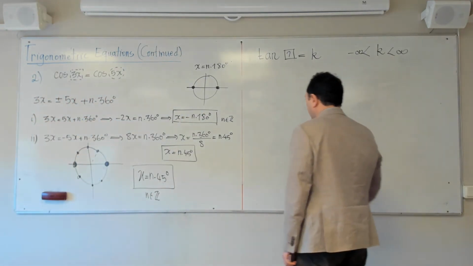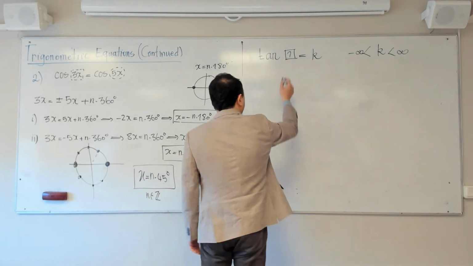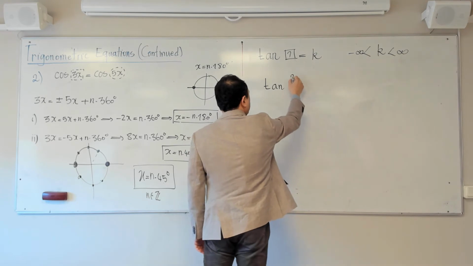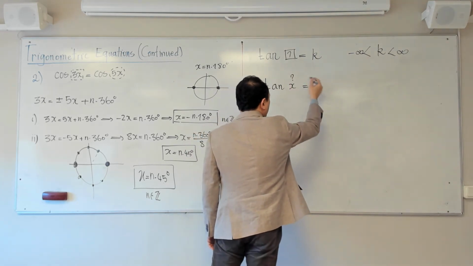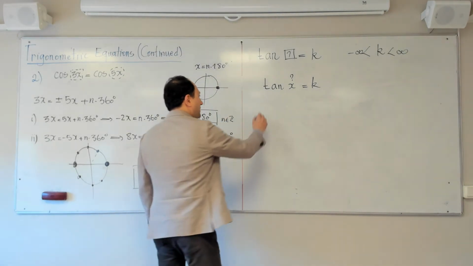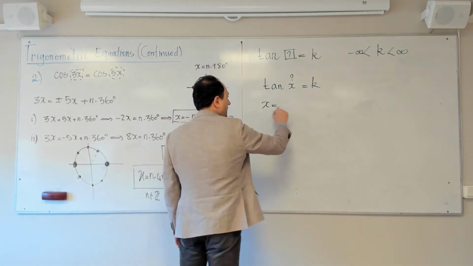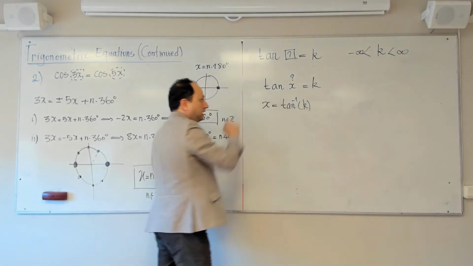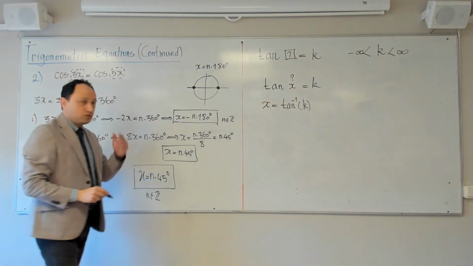Okay. But let us try to solve. Let me make it a little bit simpler. Instead of the box, let me just put x. X is your unknown, and instead of k, let us just write k. Okay. So what you do in Math 1C, you learned one of the answers. One of the answers is definitely this one, but this is not the whole story here at this level because we are supposed to find all of them.